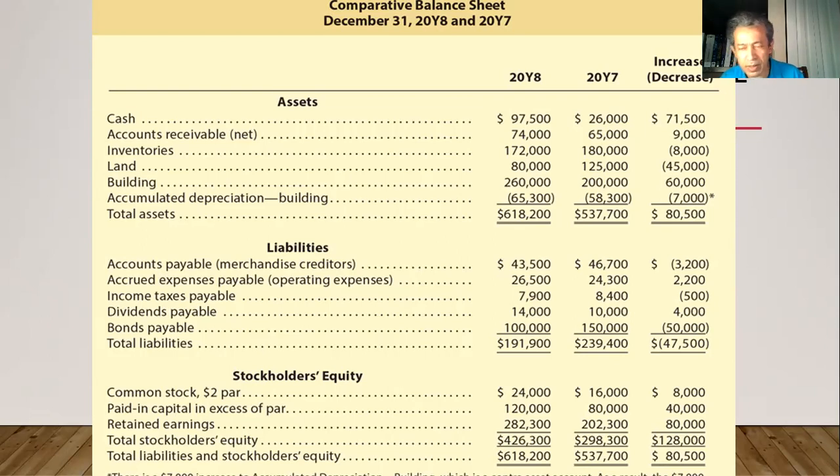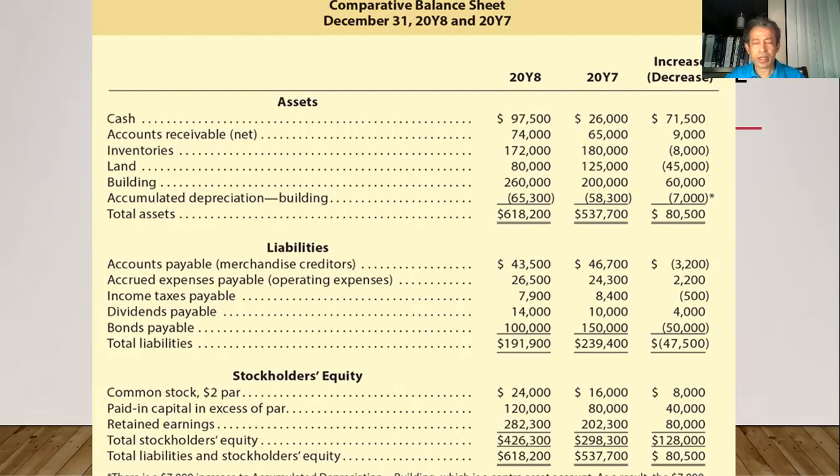Accrued expenses have gone up, so plus increase in accrued expenses, $2,200. Decrease in income tax payable, $500. Don't touch the dividends payable.